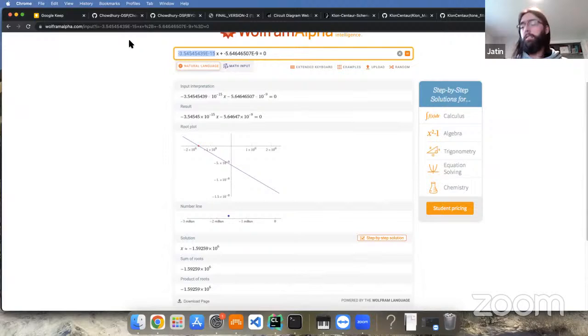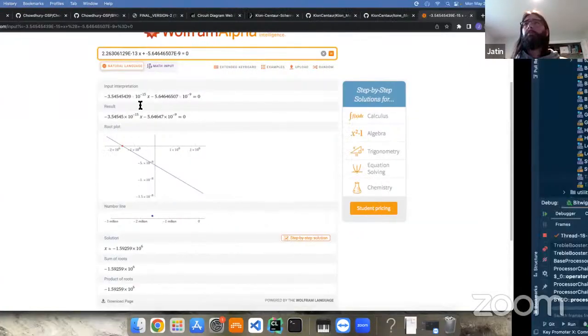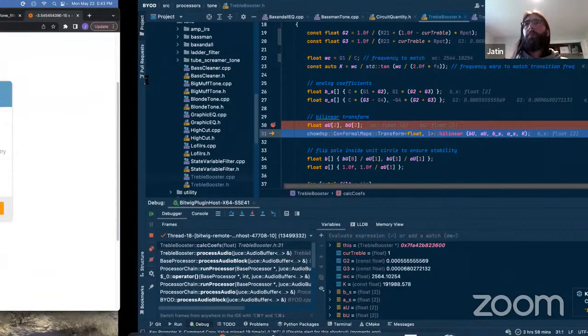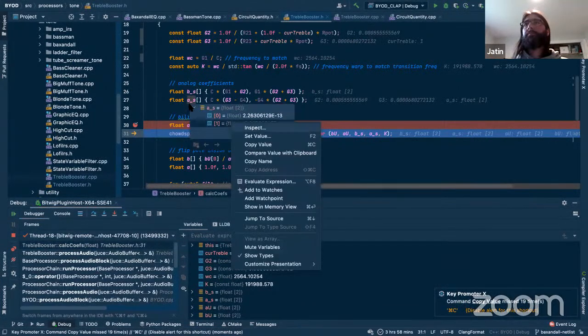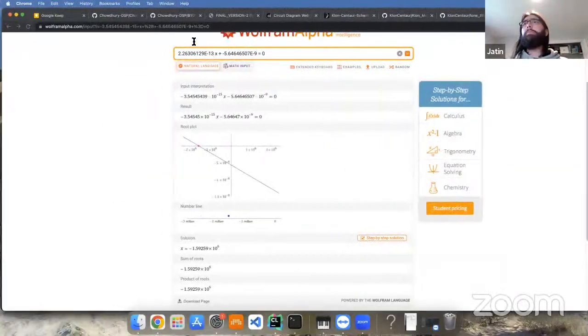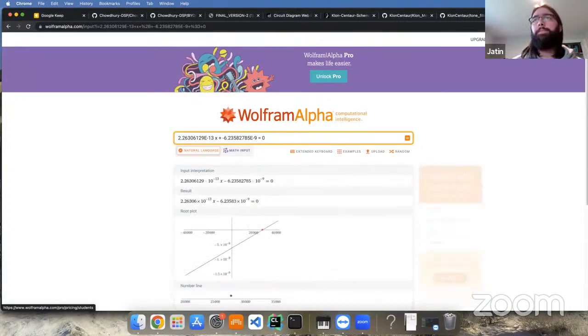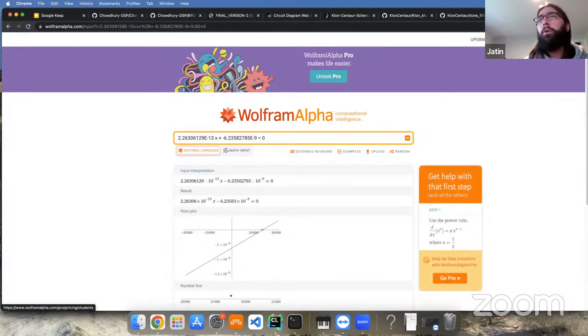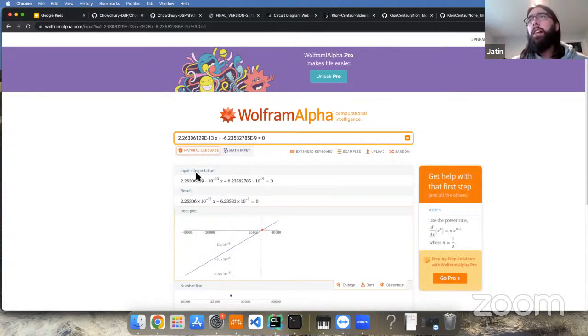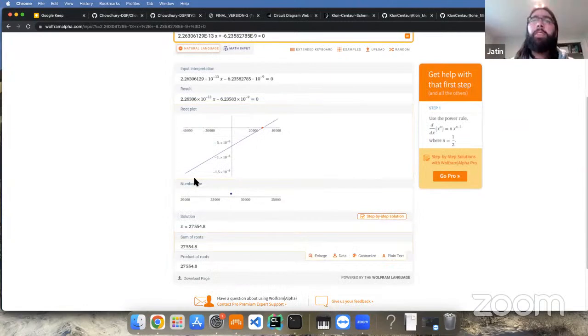So if I swap these numbers out, we'll see, yeah, so now we're seeing that our pole is on the right side of the plane. It's a positive number, and that's why we needed to flip our poles.